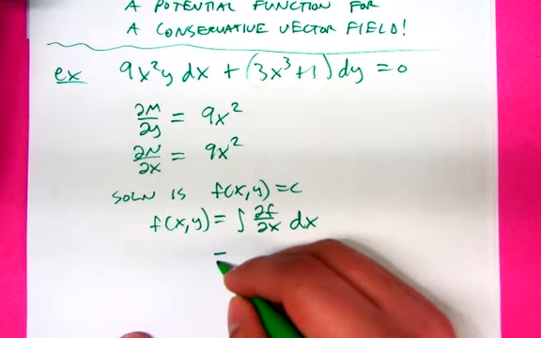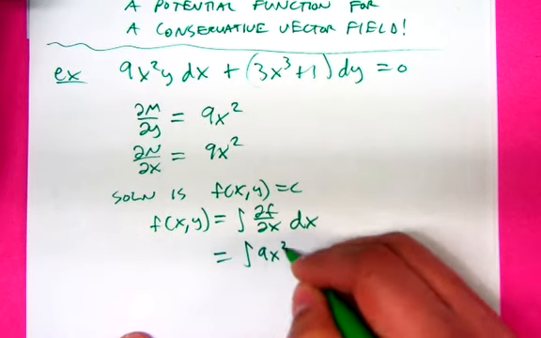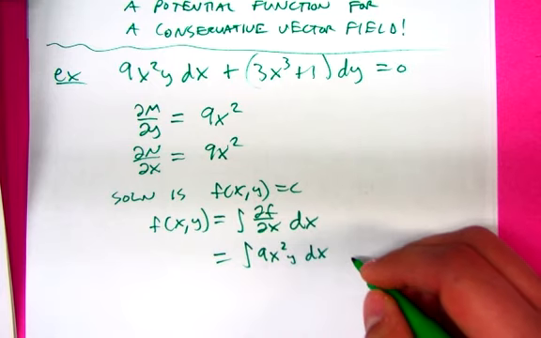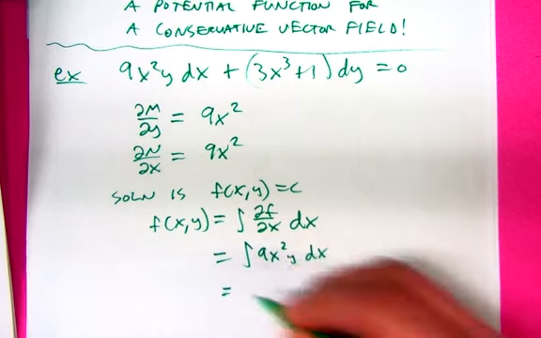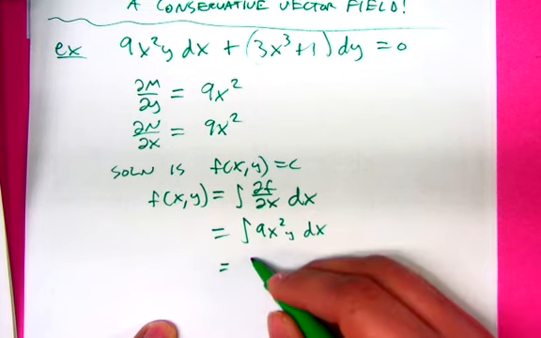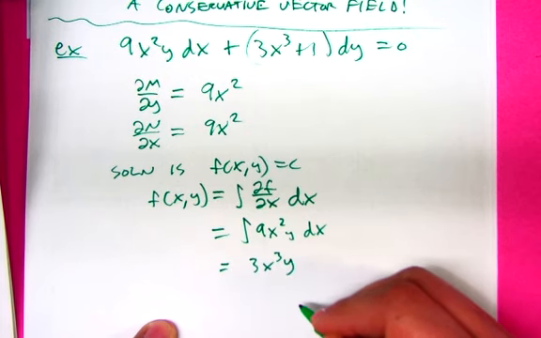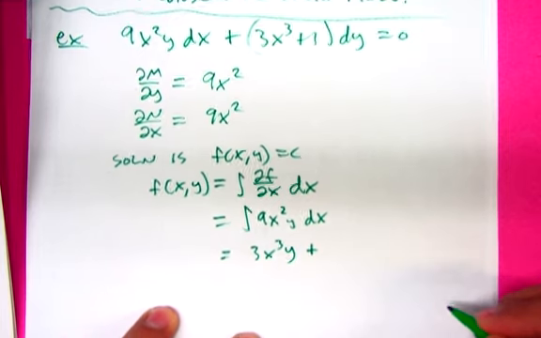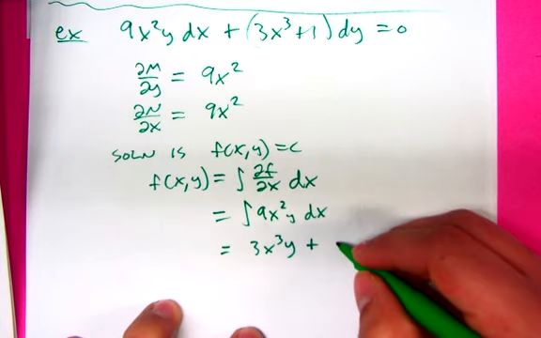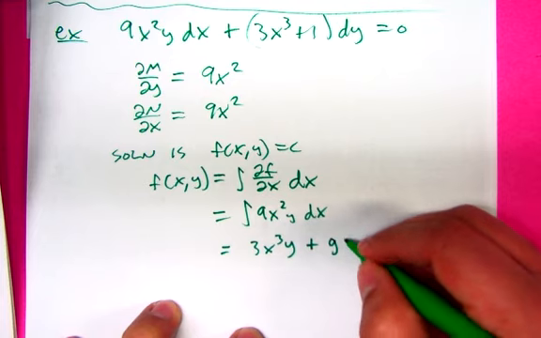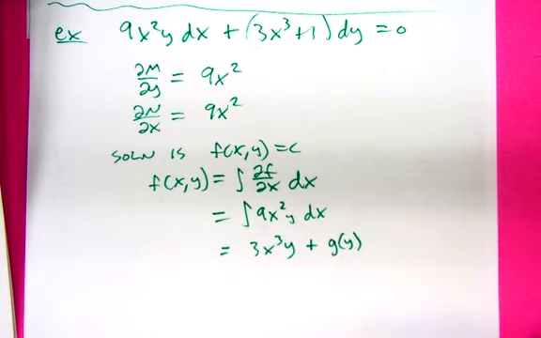So then we integrate 9x squared y dx, which gives us 3x cubed y plus some constant, which I'm going to call g of y. Remember that this constant could be in terms of y, right?